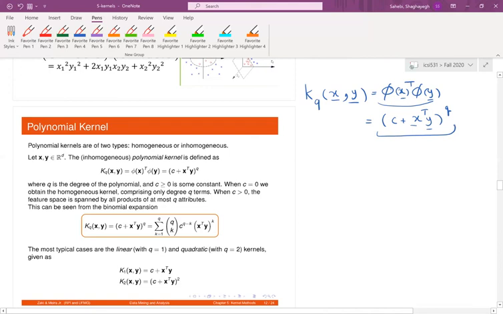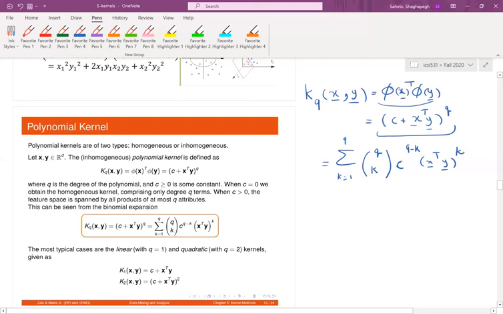Now, how can we actually open this up and see how it is going to look? It has a formulation that we can use the binomial expansion for. We can rewrite this as the summation from k equals 0 to q of selecting k out of the q degrees, c to the q minus k, and x transpose y to the k.